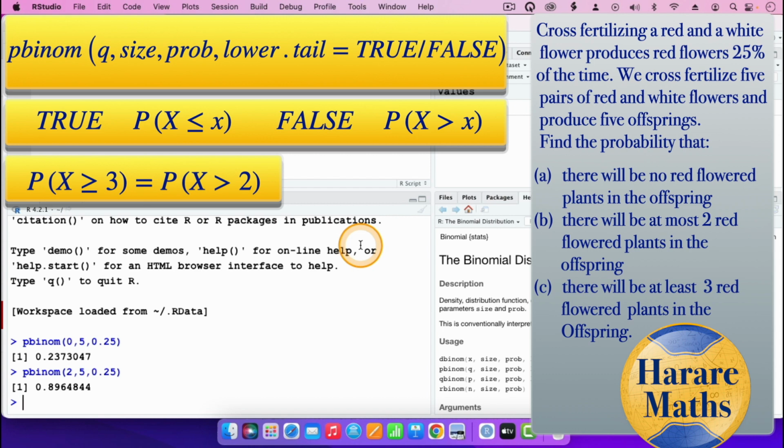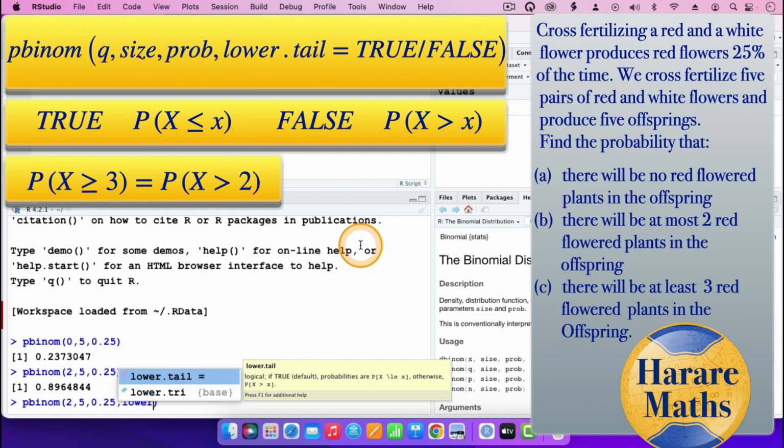The command that we would use is pbinom, open parenthesis, and we are saying X greater than 2. Then specify the size, which is 5, and the probability of success, which is 0.25. But in this case, we are saying lower.tail equals FALSE, because we want greater than 2.